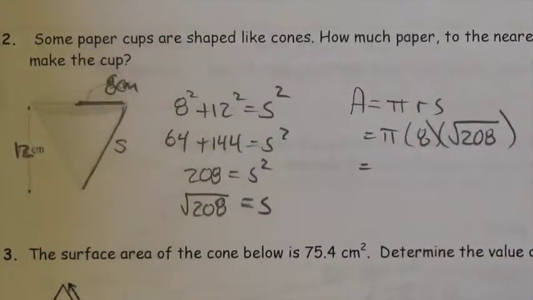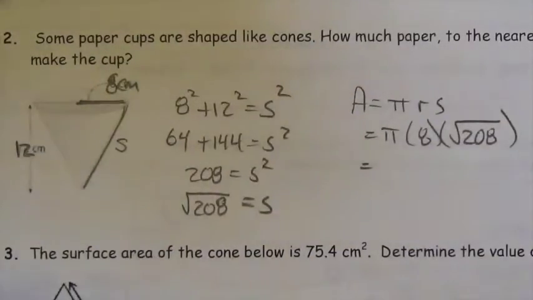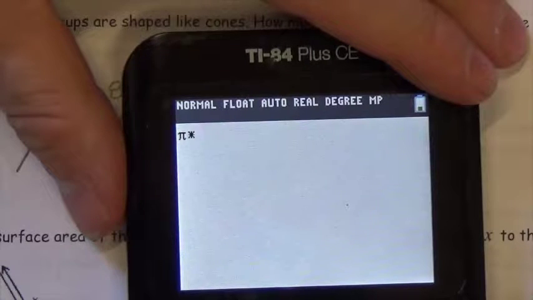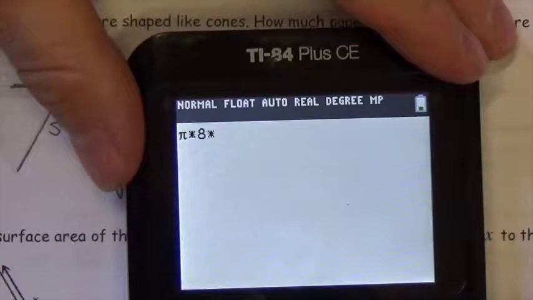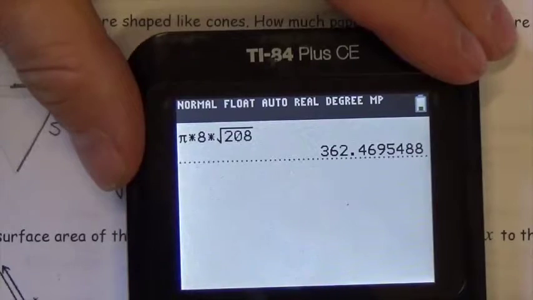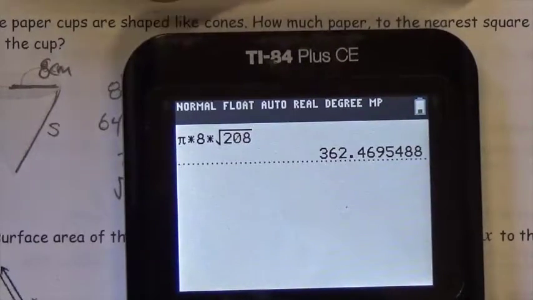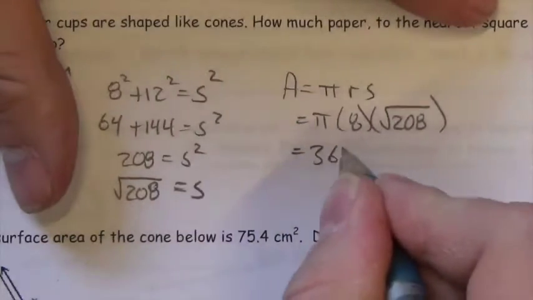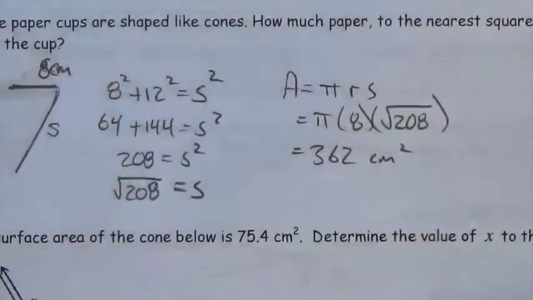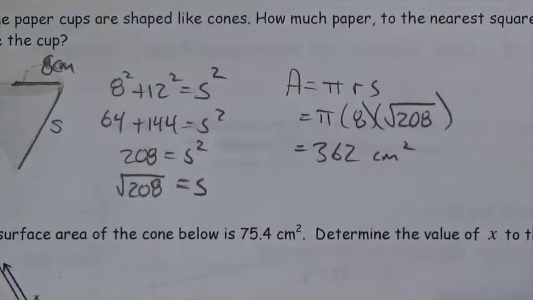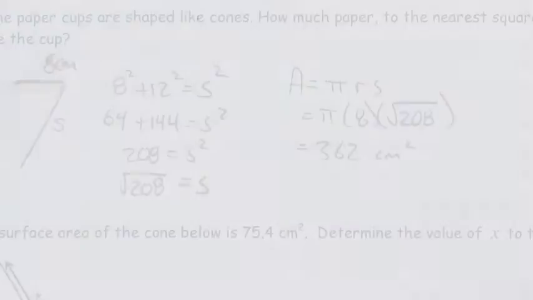I don't need to add the circle because that actually isn't part of this particular shape. So pi times 8 times the square root of 208. And what does it say? To the nearest square centimeter, that's 362 centimeters squared. You probably need a little bit more than that if you're going to tape it together and whatnot, but that's basically what the question is asking for.